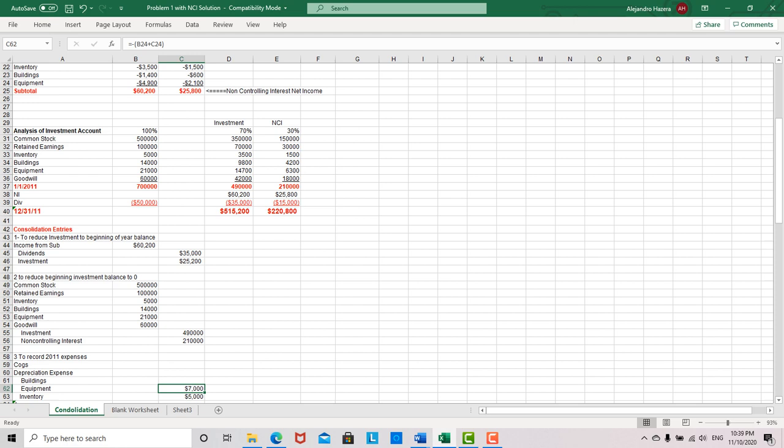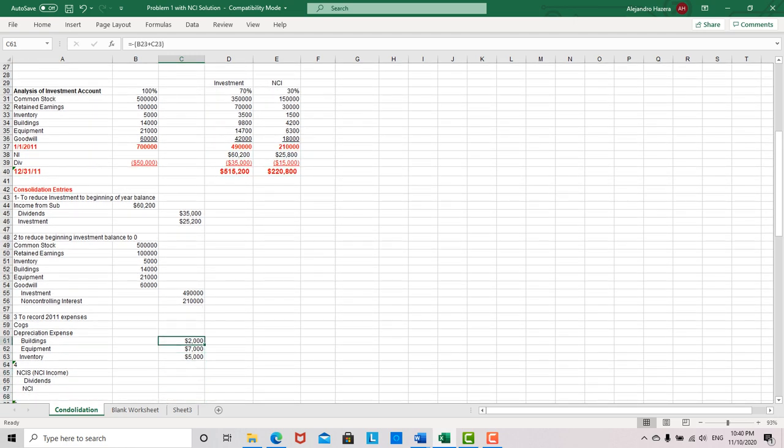Okay, so that is equipment, 7,000, that's good. The buildings we're writing off over 7 years, and that's 2,000, I believe. Yeah, looks good, according to my sheet here, just a little bit slightly out of order. We're going to write down buildings at a rate of 2,000, which is 14,000 divided by 7.